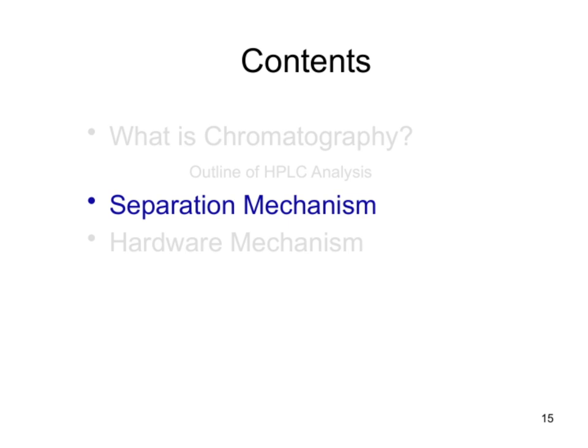First, the separation mechanism. This is the core idea of how components are separated based on their interactions with the stationary and mobile phases. Different compounds will travel at different rates, allowing us to distinguish them. Next, hardware mechanism refers to the actual equipment involved, like the pumps, columns, detectors, that make this separation possible.